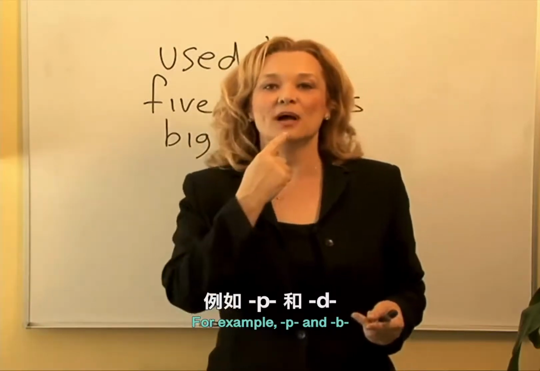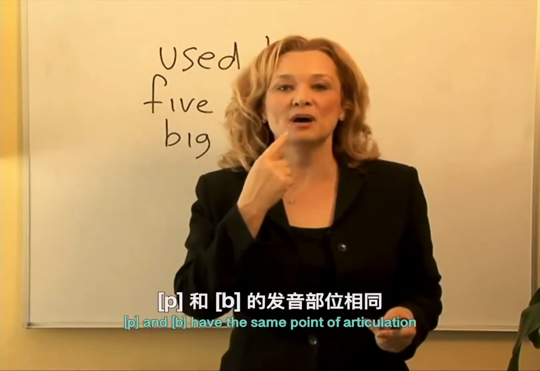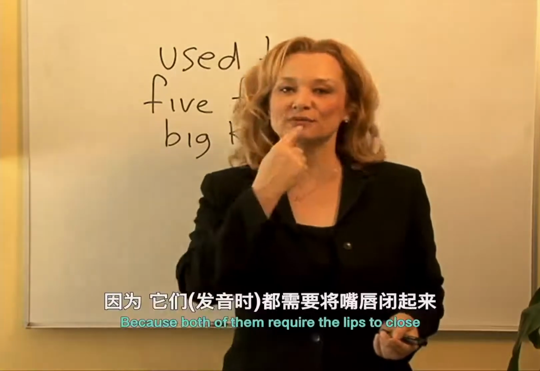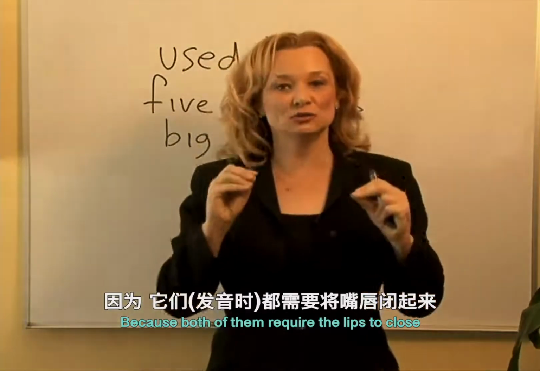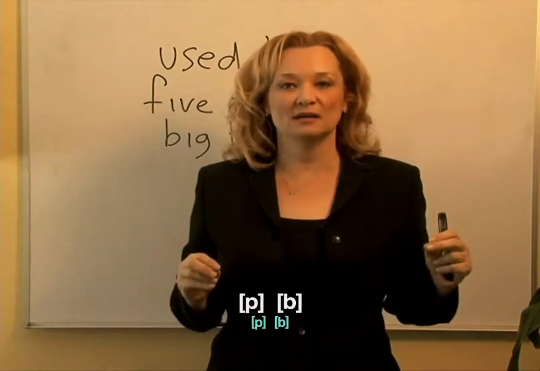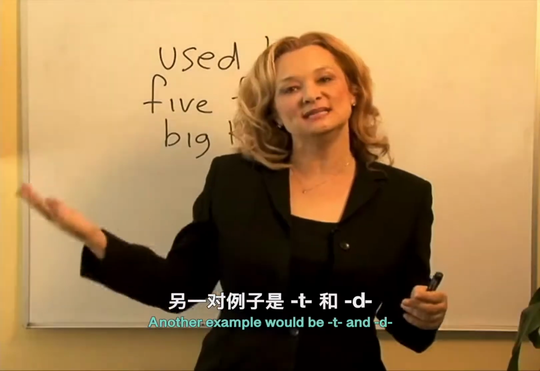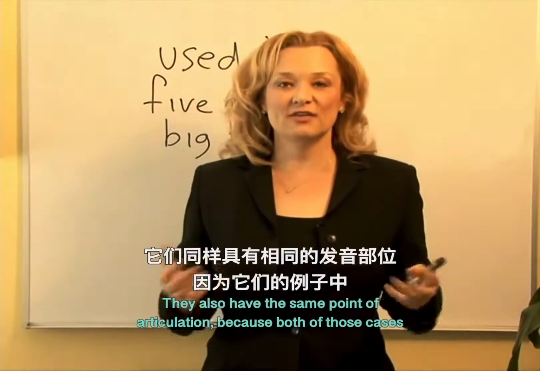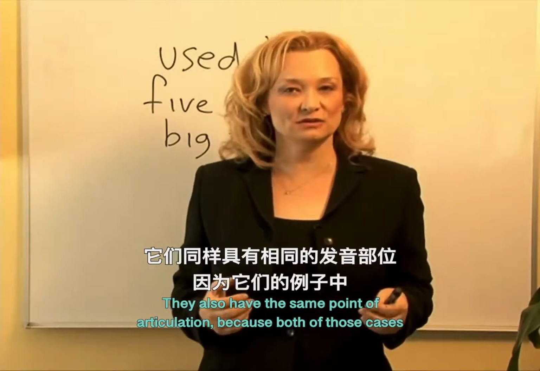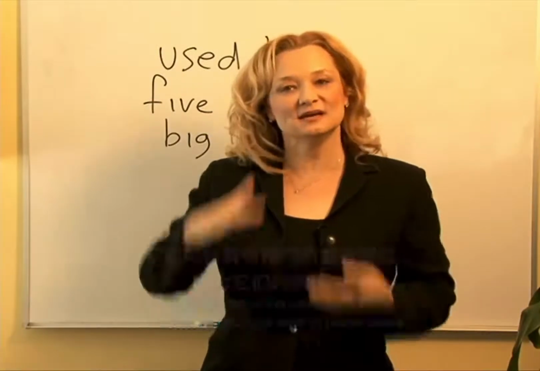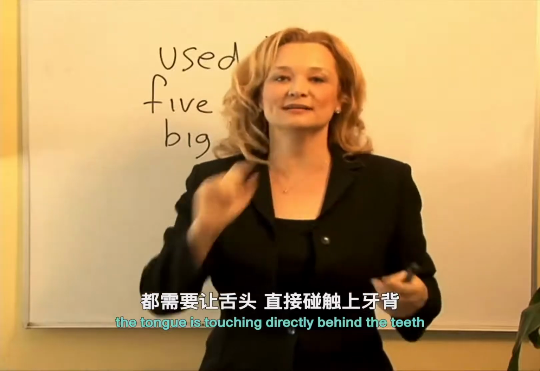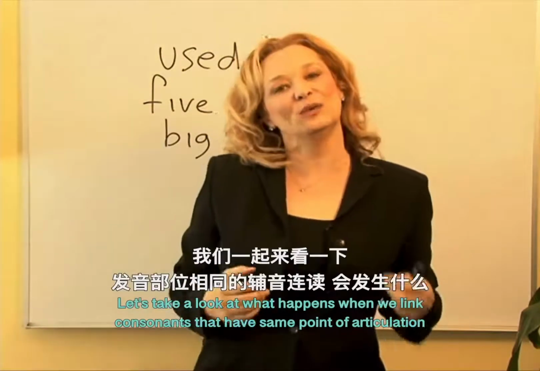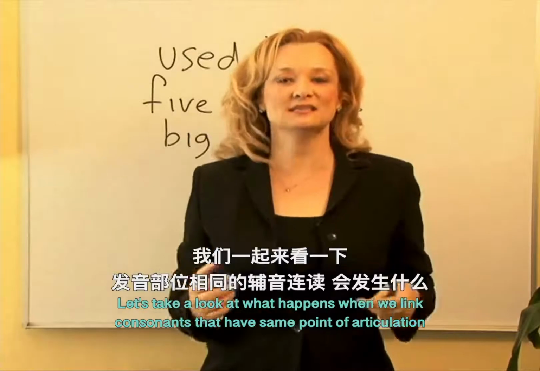For example, P and B have the same point of articulation because both of them require the lips to close, P, B. Another example would be T and D. They also have the same point of articulation because in both of those cases, the tongue is touching directly behind the teeth, T, D.